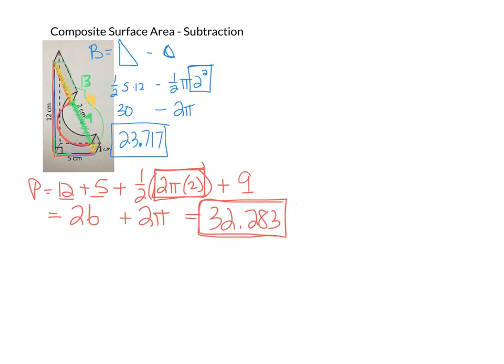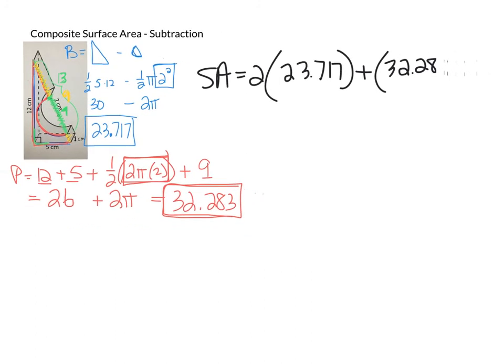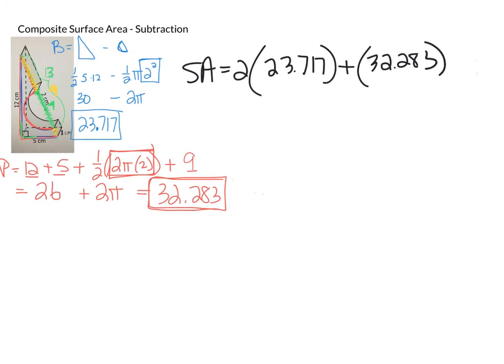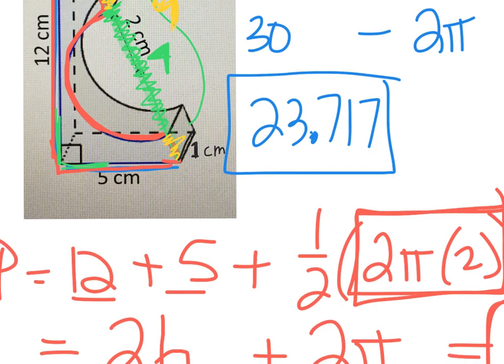Okay, so finally, putting it all together, surface area equals 2 bases, so 2 times 23.717, plus the perimeter, 32.283, times the height. In this case, it doesn't show it on your notes, but the height is 1. Okay, this is the height, the distance between your bases. You can just throw that on your paper.